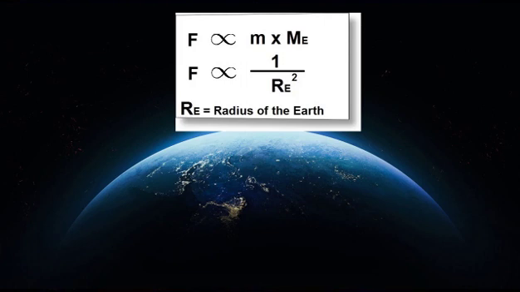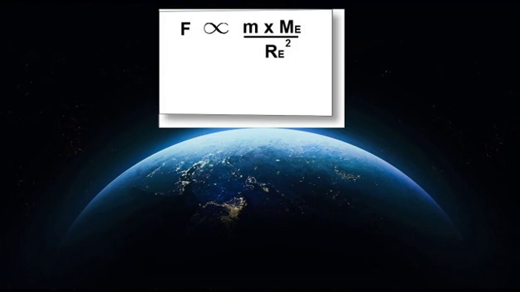So now F is inversely proportional to the square of the radius of the earth. If we merge these two equations, we have F is proportional to the product of these masses, divided by the square of the radius of the earth. Now we have to apply some constant to make it equal.